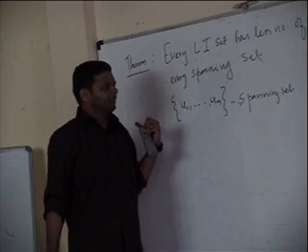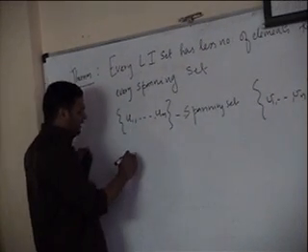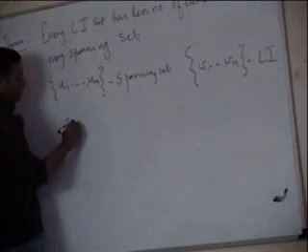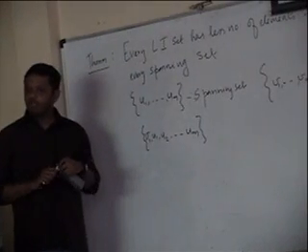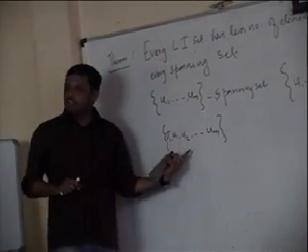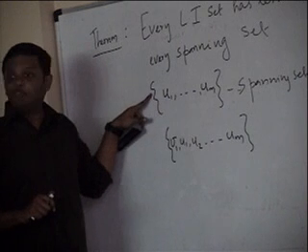How do we do that? What I do is I look at the set V1, U1, U2, up to Um. Now this is clearly a spanning set because U1 to Um itself is a spanning set.